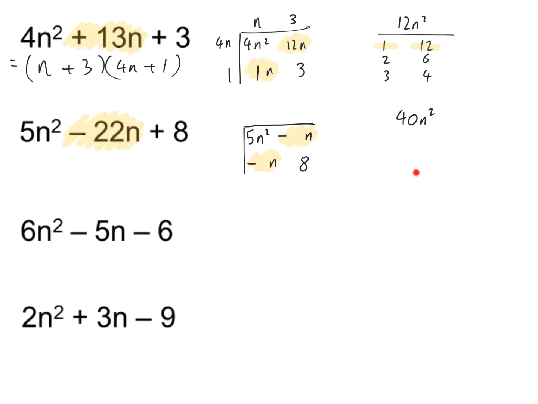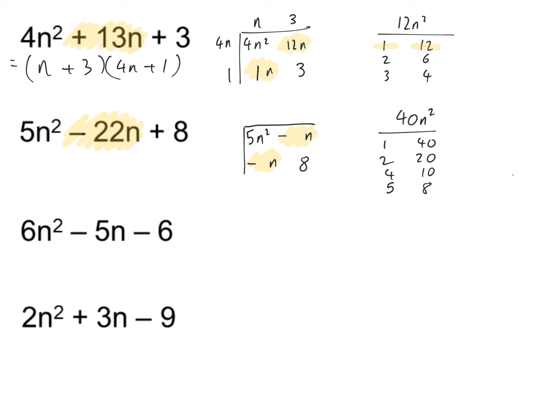I'm going to start listing all my factors of 40. So I could have 1 and 40, 2 and 20, 4 and 10, 5 and 8, and that's my lot.